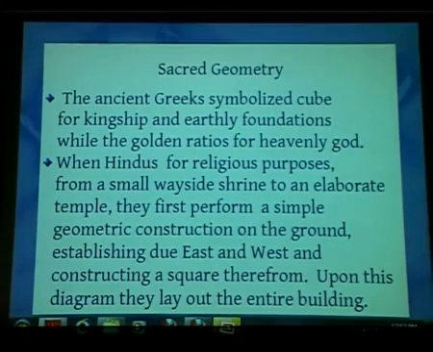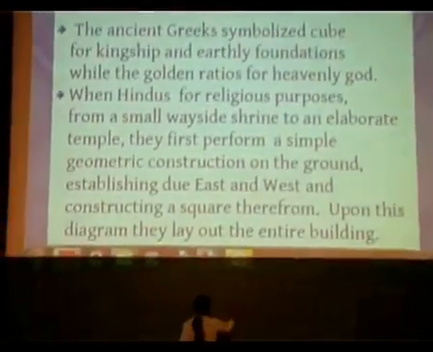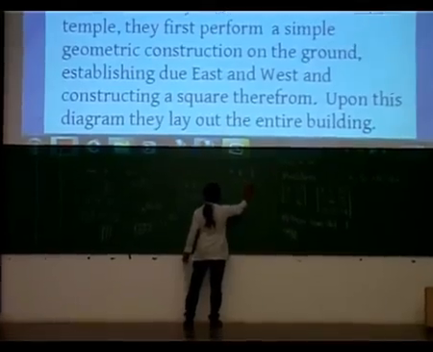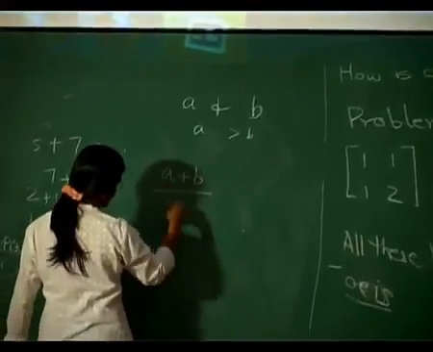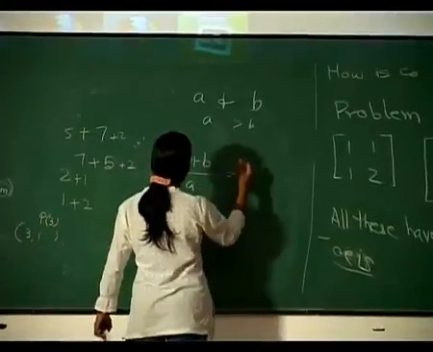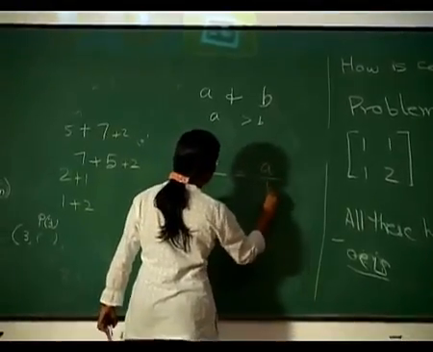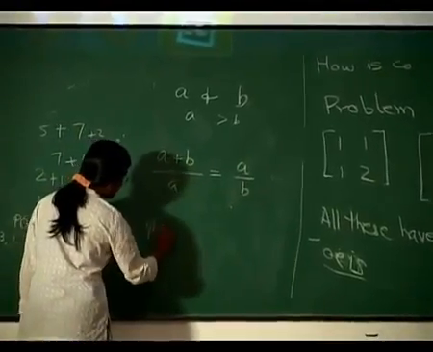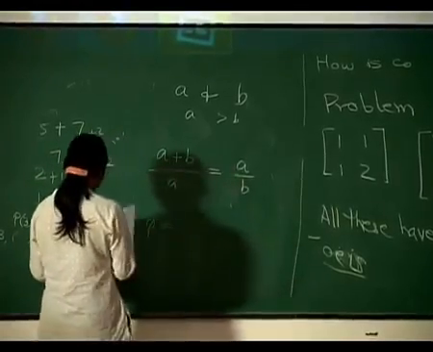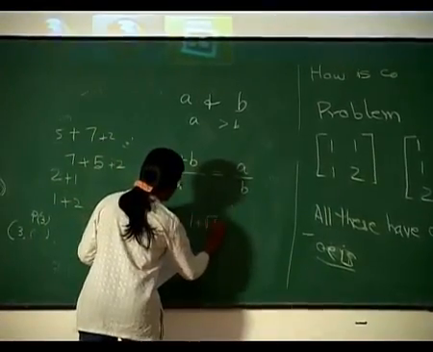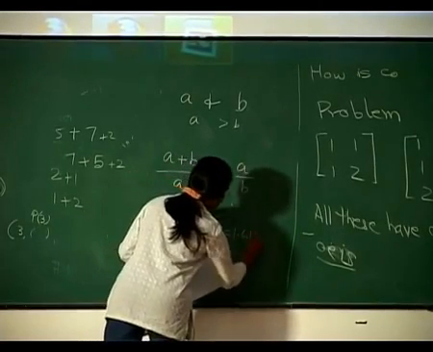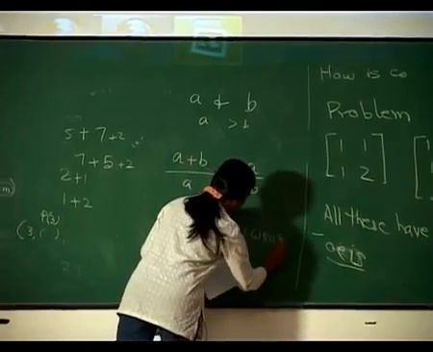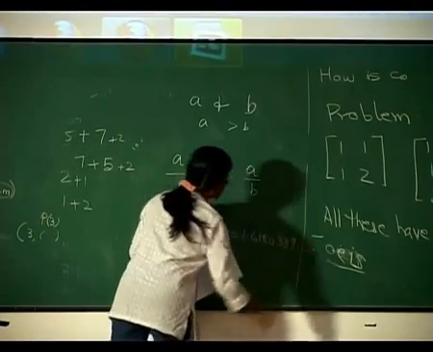You have A and B, and A is greater than B. So the golden ratio is always A plus B divided by the bigger number, A. This is a constant which is denoted by phi, and its value grows like this.